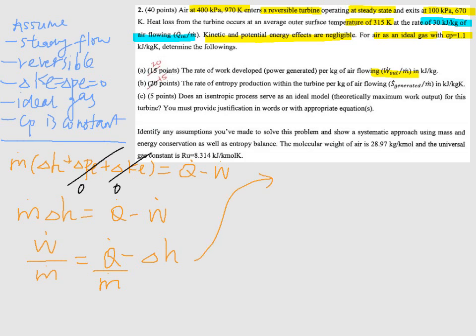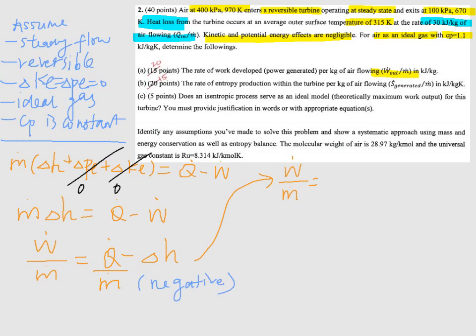So W dot over m dot is equal to, pay extra attention on this Q dot over m dot term. It is a heat loss. If you read this carefully, this is heat loss from the turbine. So this term is actually going to be negative. So we're going to just put a note here: this term is going to be negative.